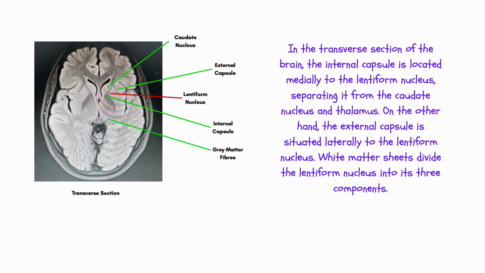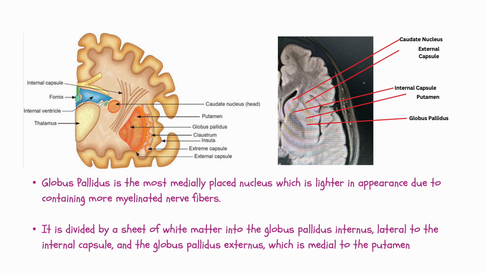Thin layers of white matter run vertically through the lentiform nucleus, splitting it into 3 parts. The innermost nucleus is the globus pallidus, which appears lighter due to its higher concentration of myelinated nerve fibers.